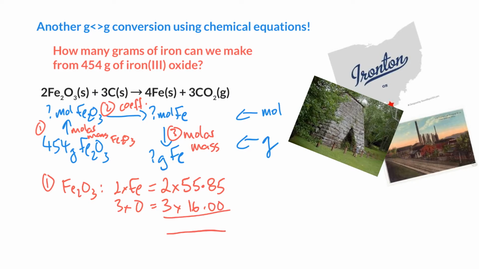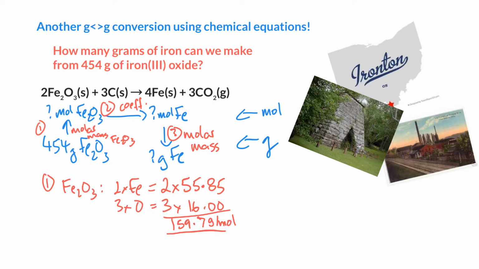And if we sum those together, we get the mass of 1 mole of iron oxide in grams, which is 159.7 grams for every mole of iron oxide.